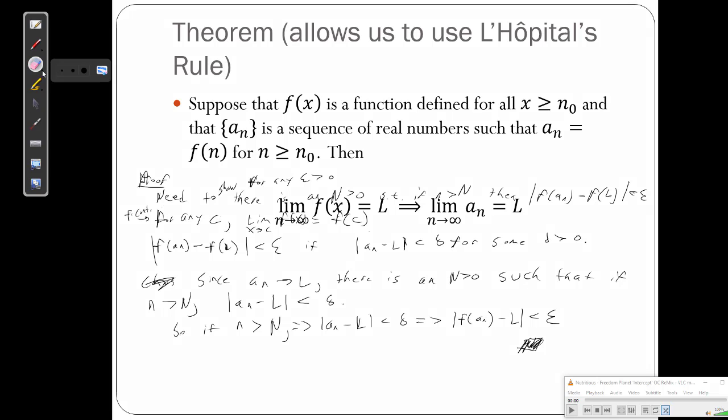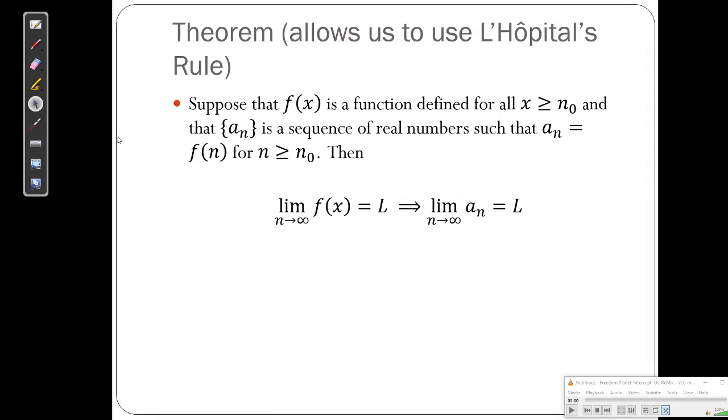And our last theorem we're going to present is a theorem that allows us to use L'Hopital's Rule. So this says if you have a function defined for all x greater than n naught, and honestly, it's just for some x greater than some index, and you have a sequence where a sub n equals f of n.